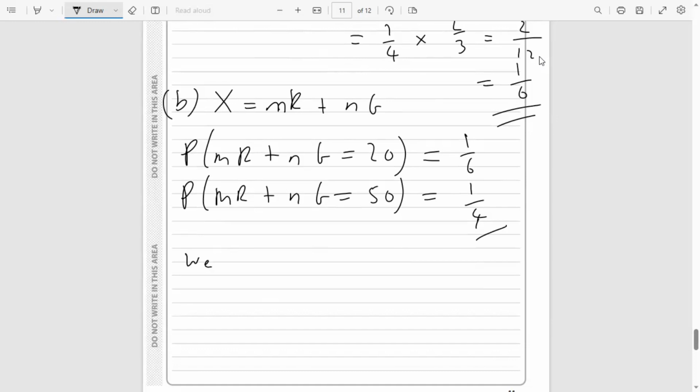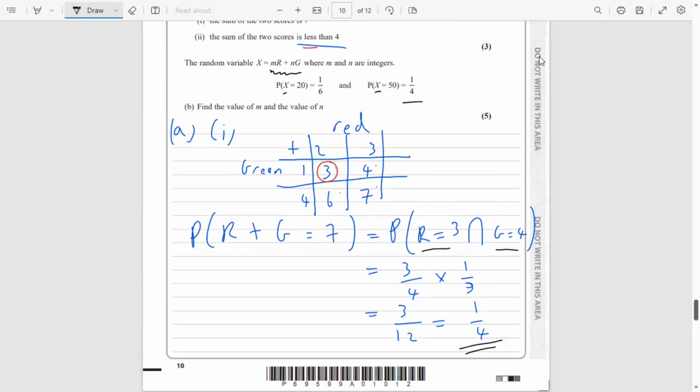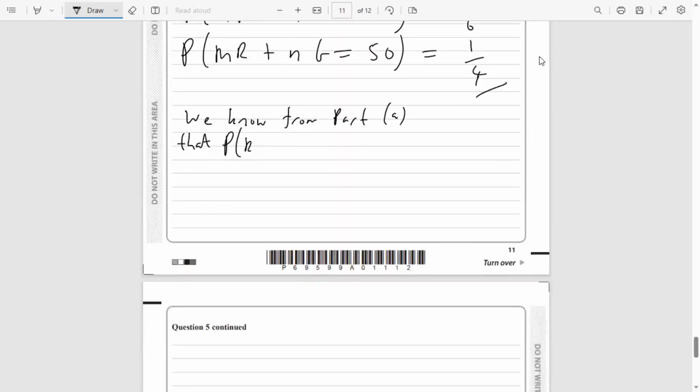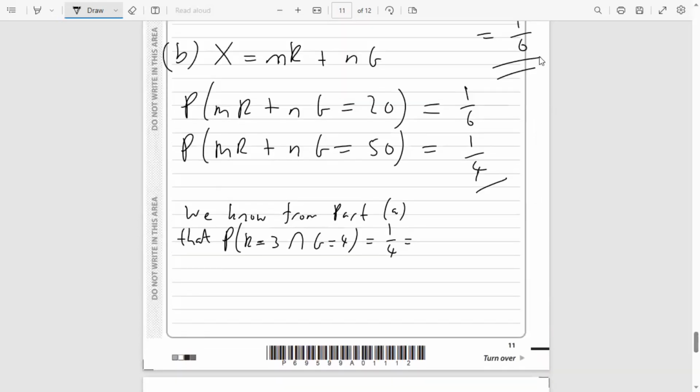So we know from part A that the probability that on the red spinner we get 3, and on the green spinner we get 4, is equal to 1/4. But that is exactly the same as this probability in this part B that we're given in this question here. So this is exactly the same as this MR plus NG is equal to 50 probability.